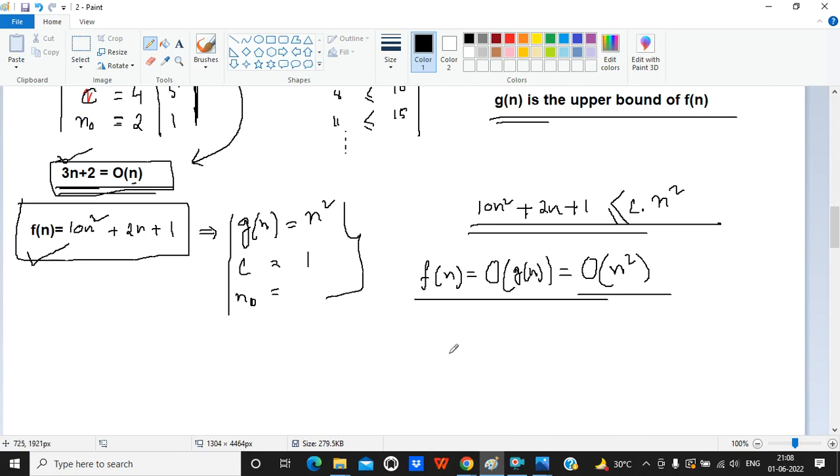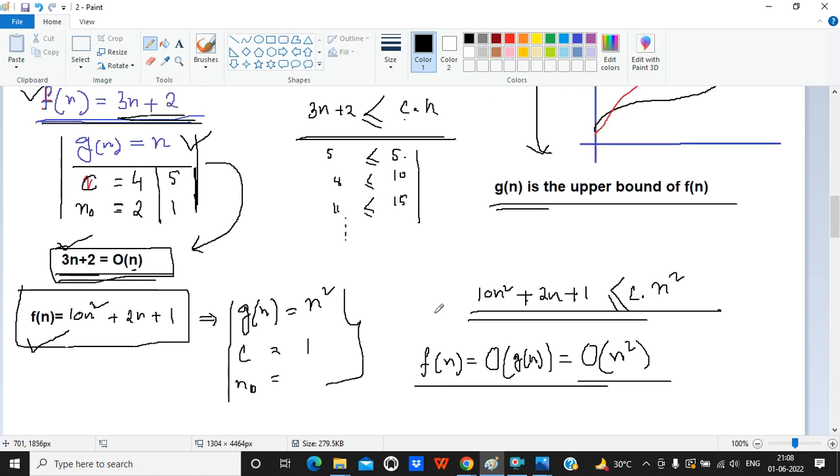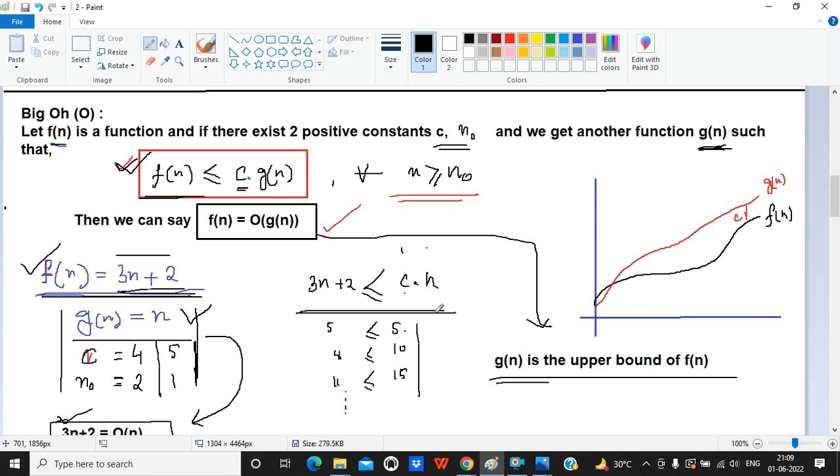So in this way, big O of n cube, n to the power 4, maybe something like that. So in big O representation, we represent the algorithms by considering the upper bound. By telling the big O notation, we are actually telling you the upper bound of the algorithm.